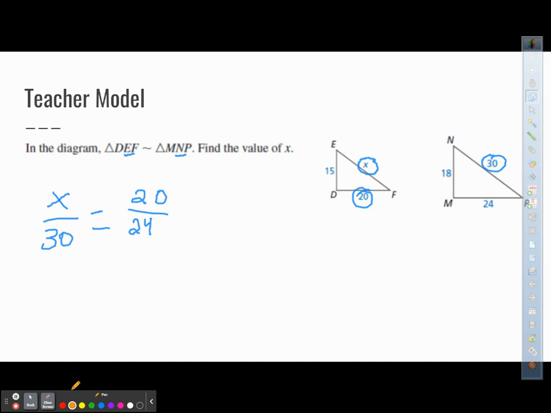Now that I have my proportion set up, you can solve it by cross multiplying. You do x times 24 equals 30 times 20.